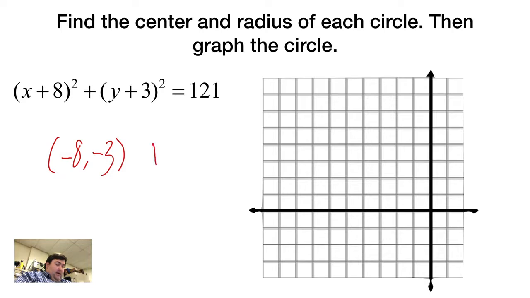And our radius, the square root of 121, is 11. So let's see. In this case, I guess each line is going to have to be 4. So I'm going to go negative 4, negative 8, which means this is kind of our center.